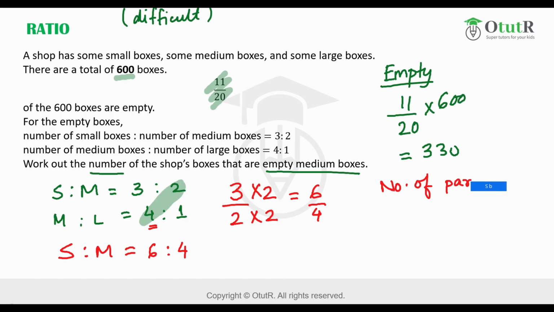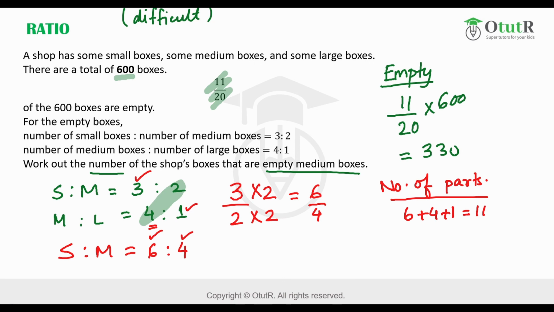How are we going to do that? I just have to add 6, 4 and 1 together. So 6 plus 4 plus 1 will give me 11, right? So 11 parts of all the boxes will make 330.